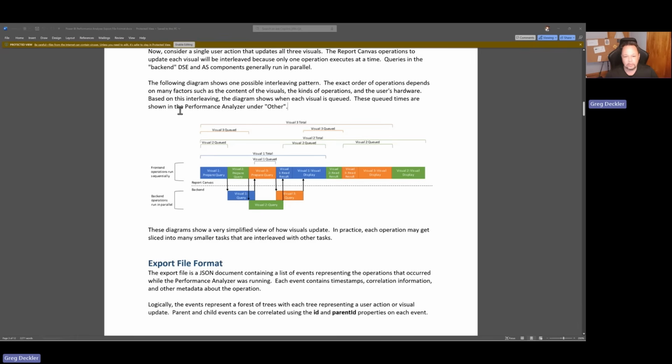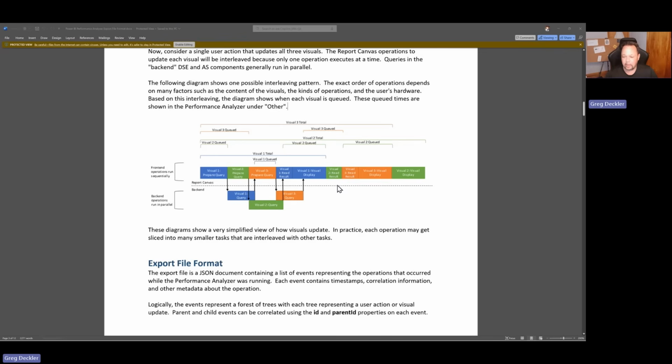The important piece to understand is, number one, that the front end is a single threaded UI. The UI layer, when it's displaying the visuals, is a single threaded process, versus the backend layer, your Analysis Services piece, which can run multiple queries at the same time in parallel. So that is multi-threaded.